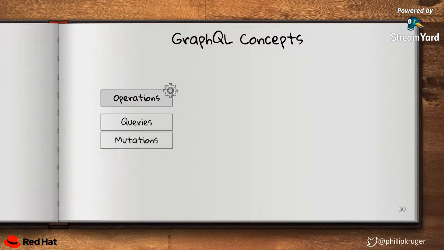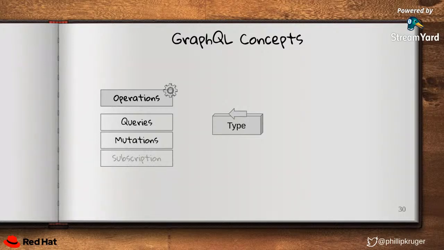Then we have mutations, which is any time that we actually change the data, it mutates. So that will be everything but the read in CRUD: update, create, or delete. There's also something called subscriptions. We're not going to talk about it now. It's also not yet implemented by MicroProfile GraphQL. It's on our to-do list.